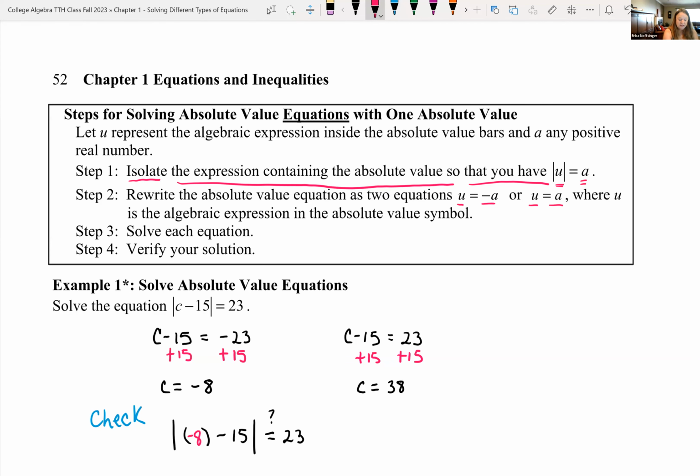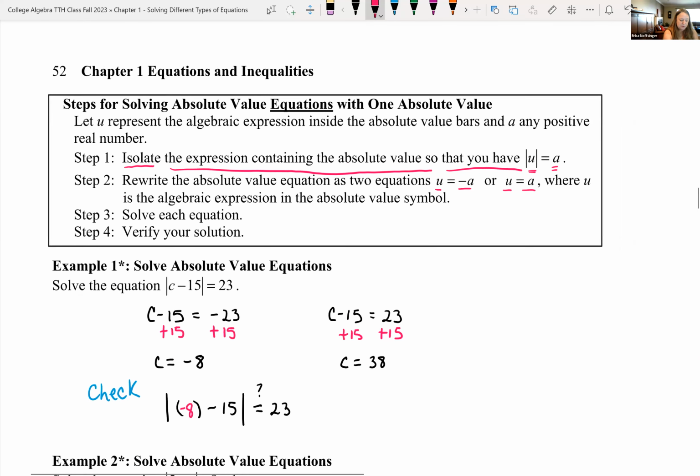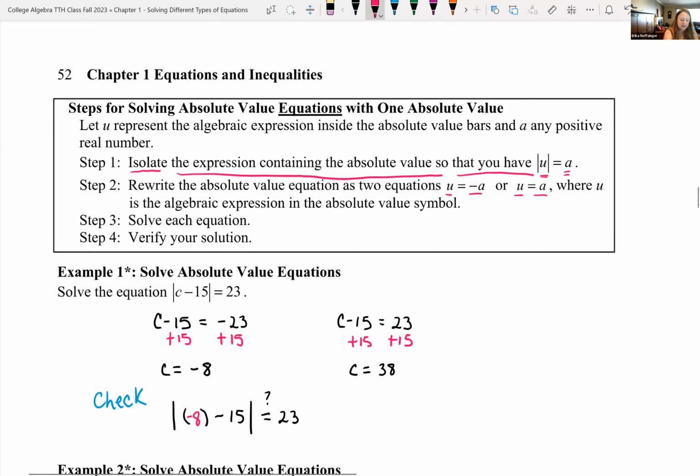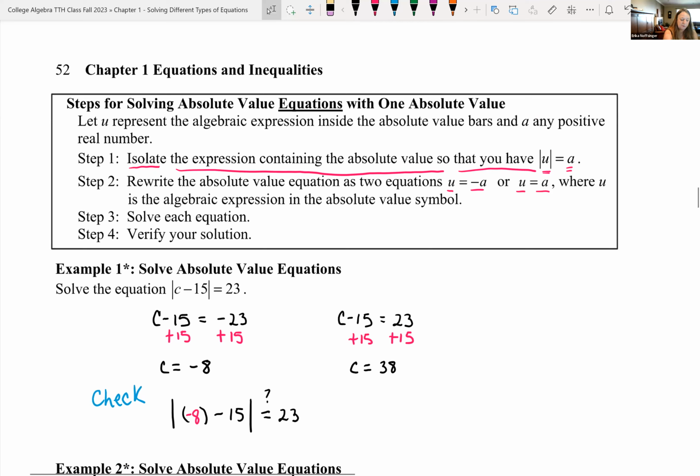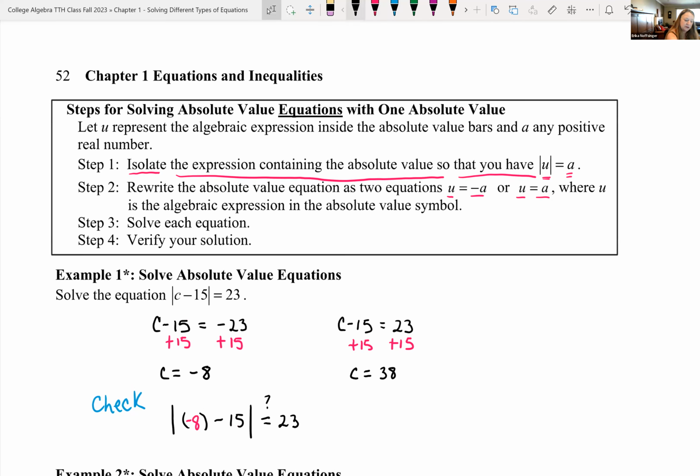Rules of absolute values: think of it as a parentheses inside that absolute value, so the parentheses comes first before we take the absolute value. First, we're going to sum -8 minus 15, so we get the absolute value of -23. Is this 23? Yes, the absolute value of -23 is 23.